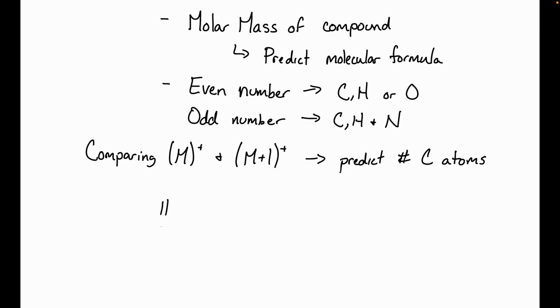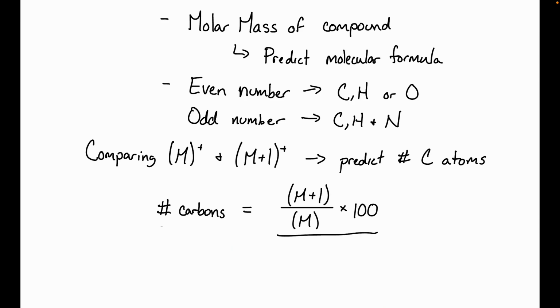But again, that formula is that the number of carbons is the M+1 peak divided by the M peak times 100 divided by 1.1. And again, that 1.1 is the abundance of carbon-13 here on Earth.